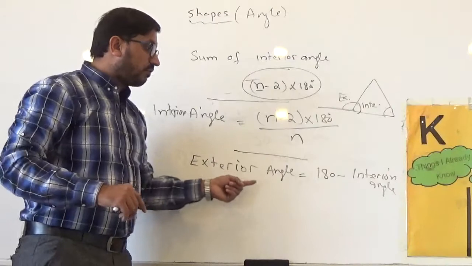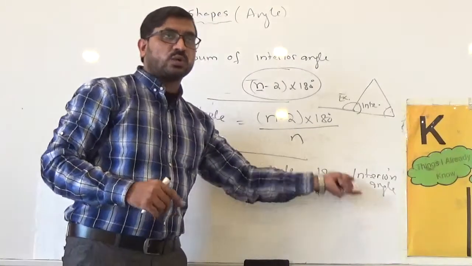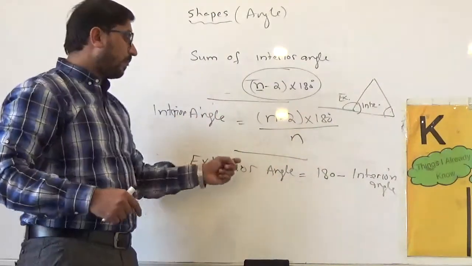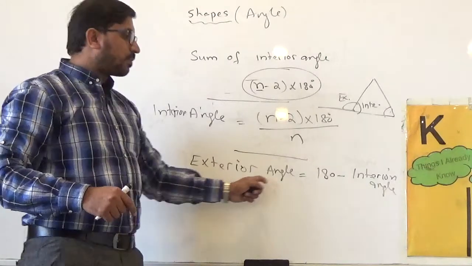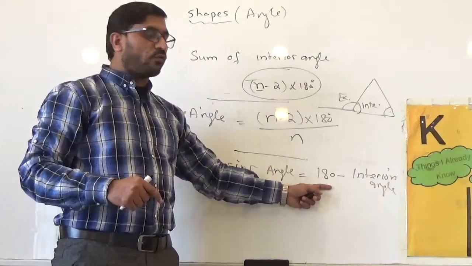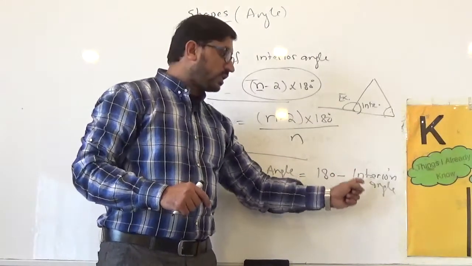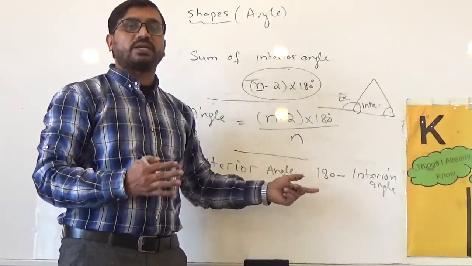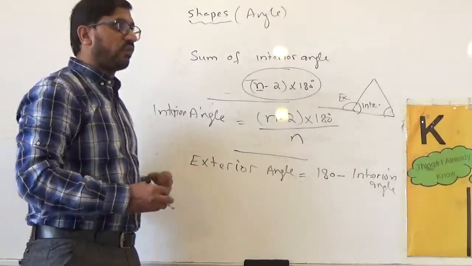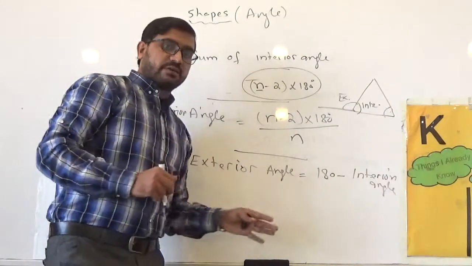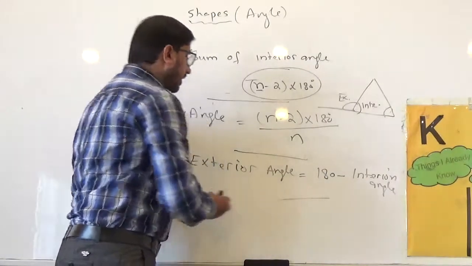Vice versa, if you are given the interior angle and you want to find the exterior, the interior angle will be subtracted from 180 degrees. This is how you can find the exterior angle. So that is the third thing.